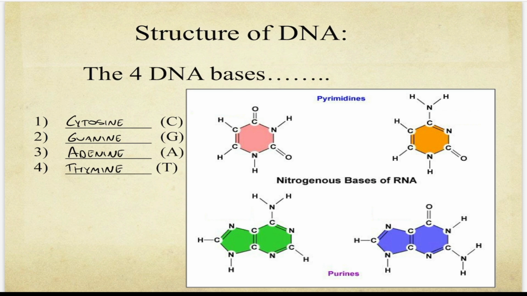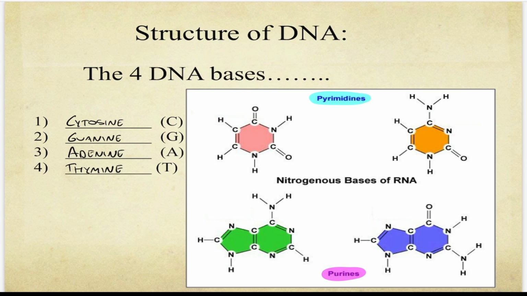There are two types of bases. The first type are called pyrimidines. The second are called, let's use pink, purines. So of the four of them, two of them are pyrimidines and two of them are purines.